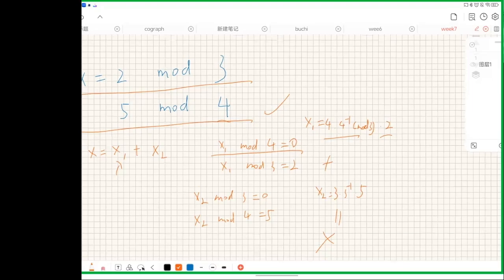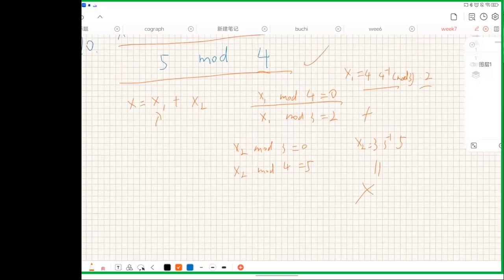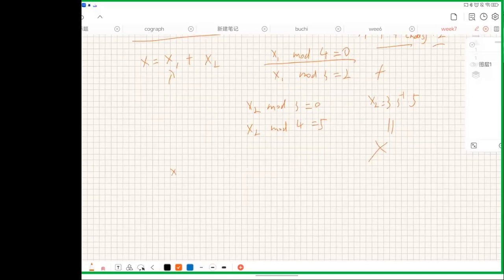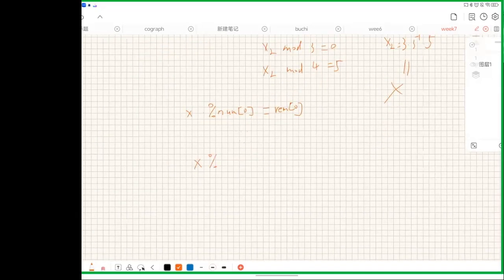Suppose now we have k equations of this form, and all the moduli are relatively prime to each other.